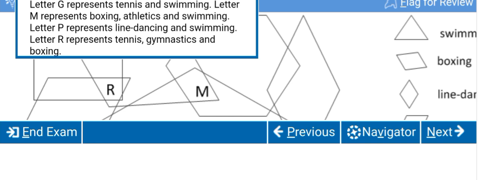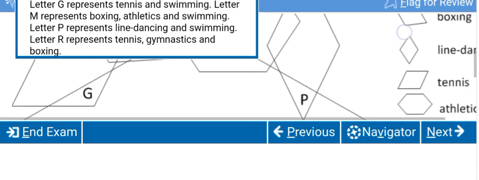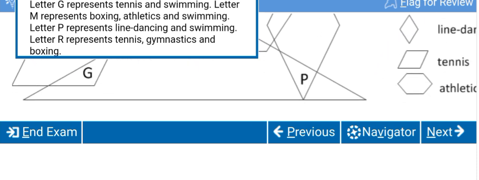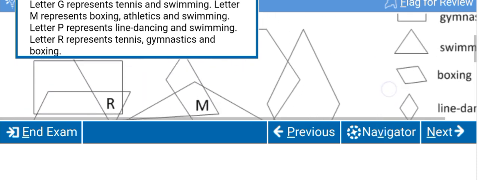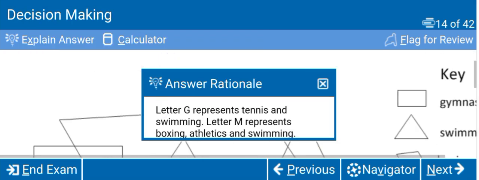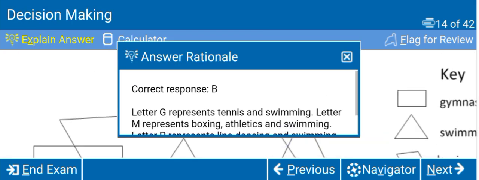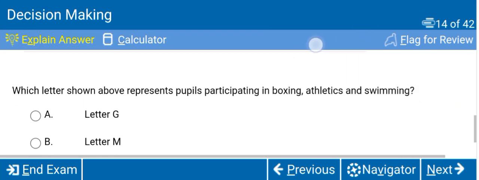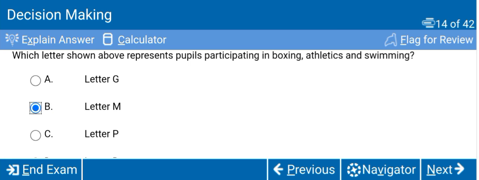Letter P represents line dancing and swimming. Letter R represents tennis, gymnastics, and boxing. So the correct option is option B, which says letter M. It represents the pupils participating in boxing, athletics, and swimming.